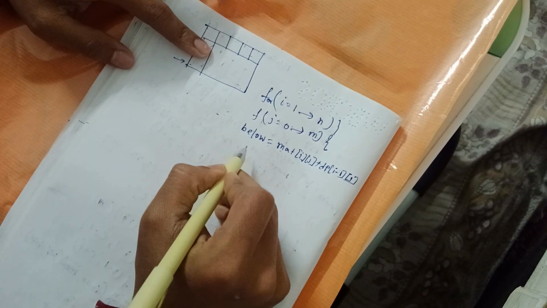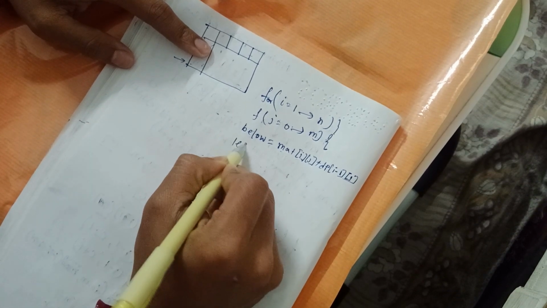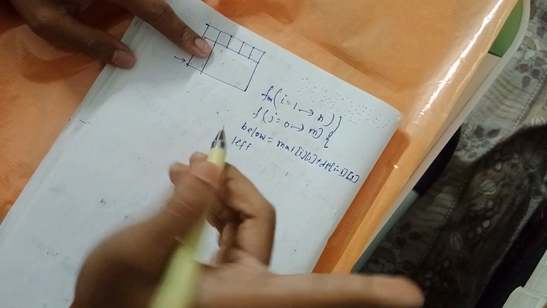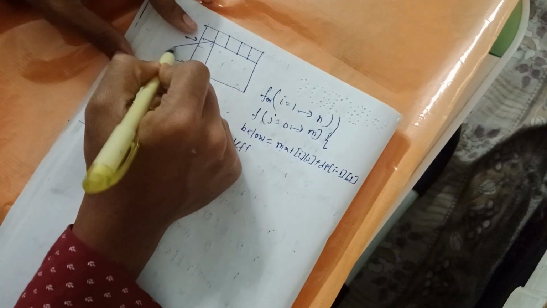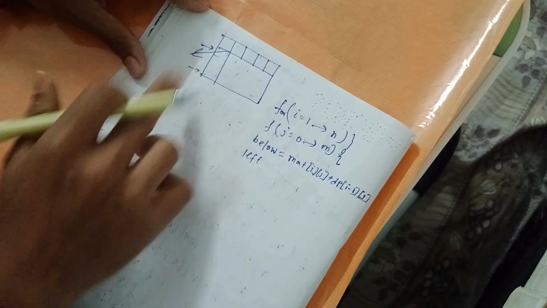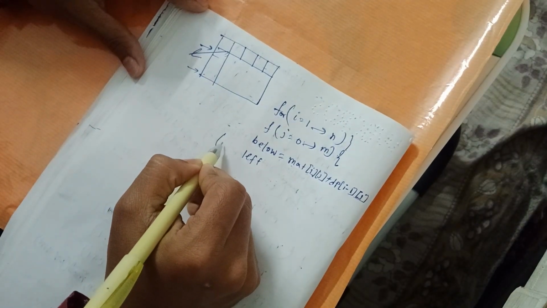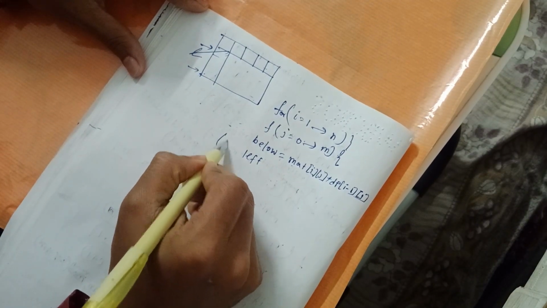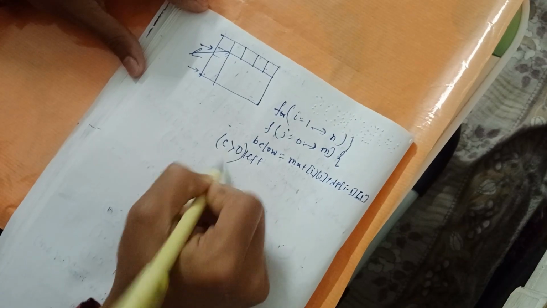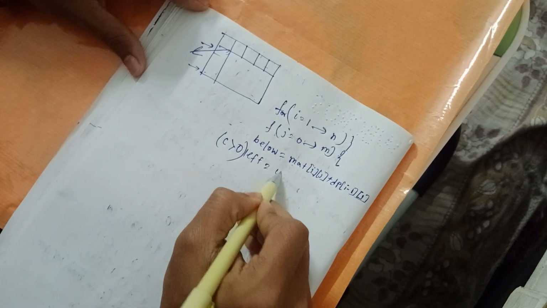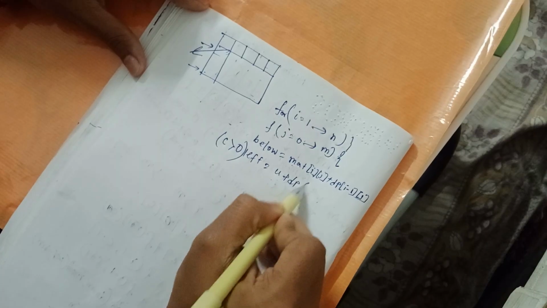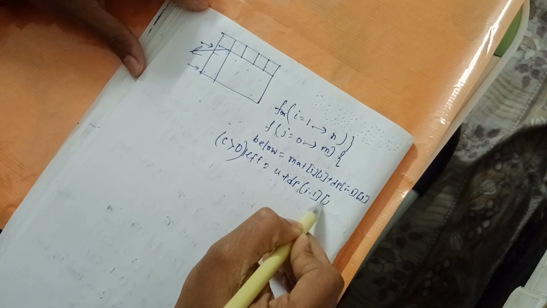Then you write below and left. In left there is a boundary cross, when you go here. So what do you write? If my column value is more than 0, then you write left equal to same matrix ij plus dp of i minus 1 and j minus 1.